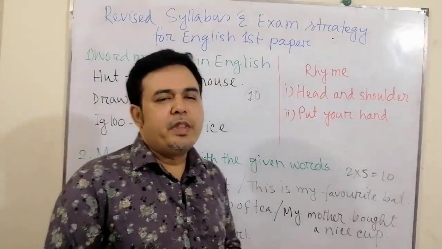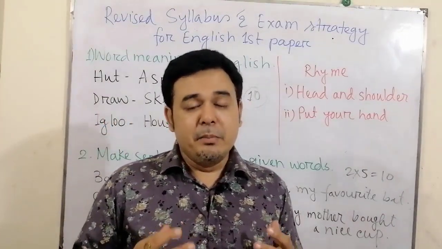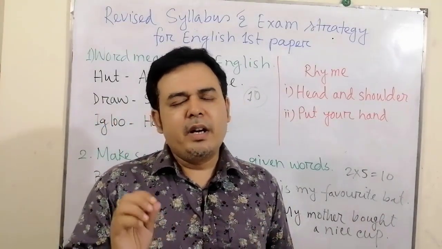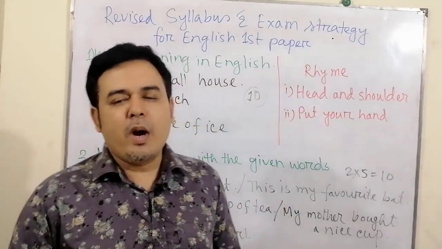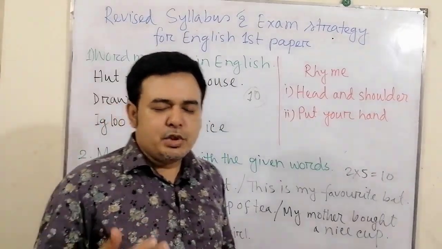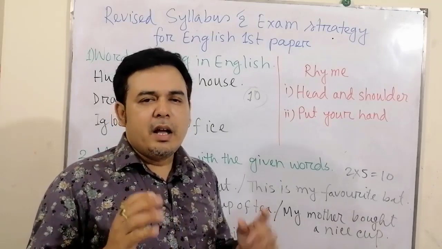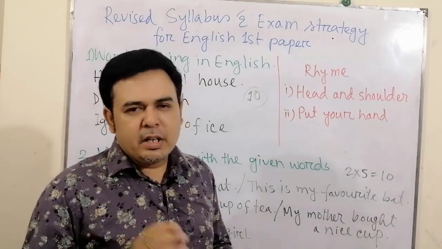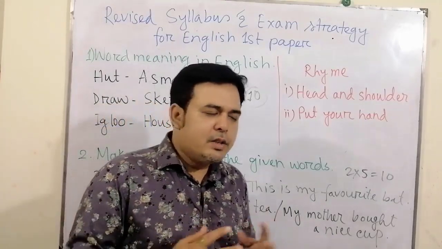So dear students, in the case of rhyme, you sometimes make some very unusual mistakes. First of all, you make mistakes with punctuation. Because in rhymes, punctuation comes very frequently, like full stop, comma, exclamation mark, question mark, sometimes dot, sometimes hyphen, these sorts of things.